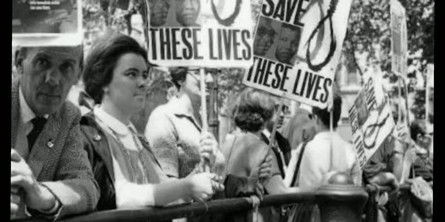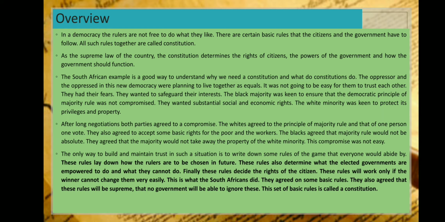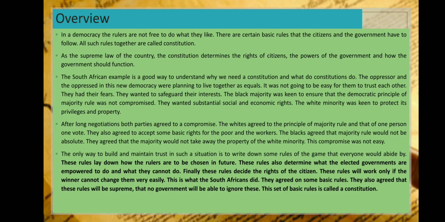In South Africa, apartheid was a system of racial discrimination imposed by white Europeans. Skin color was made the basis of discrimination. Three-fourths of the population were blacks. Besides white and black, there were people of mixed races who migrated from India and were called colored.